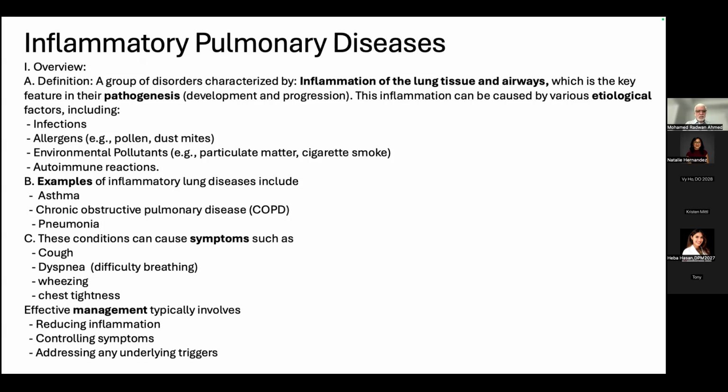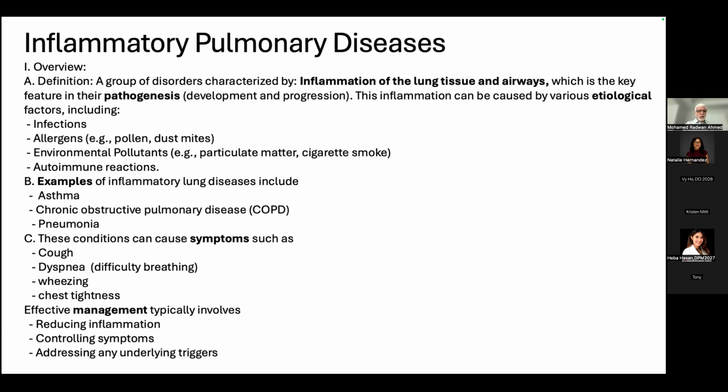The symptoms the patient presents with, as we talked about what is disease: disease has a specific pathogenesis, certain etiological factors, and it has symptoms and signs and progression or prognosis. So the symptoms here are cough, dyspnea, which is difficulty of breathing, wheezing or rhonchi when you put the stethoscope and listen to the lung, and chest tightness or chest pain.